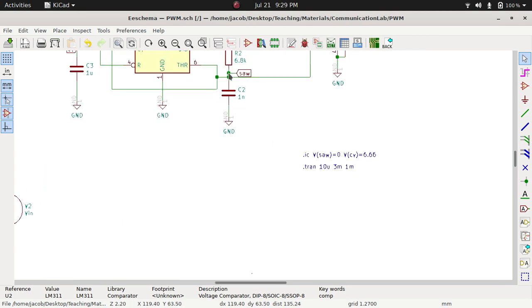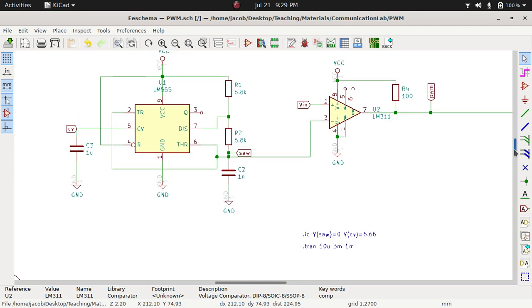I am setting an initial condition at this node, which I am naming SAW, where the Sawtooth output comes. So the voltage at the Sawtooth node should be 0 initially. Then another node I am setting is this CV.